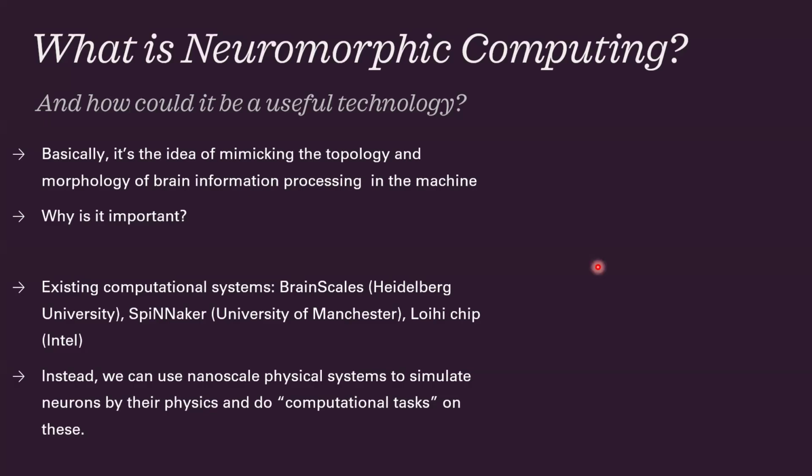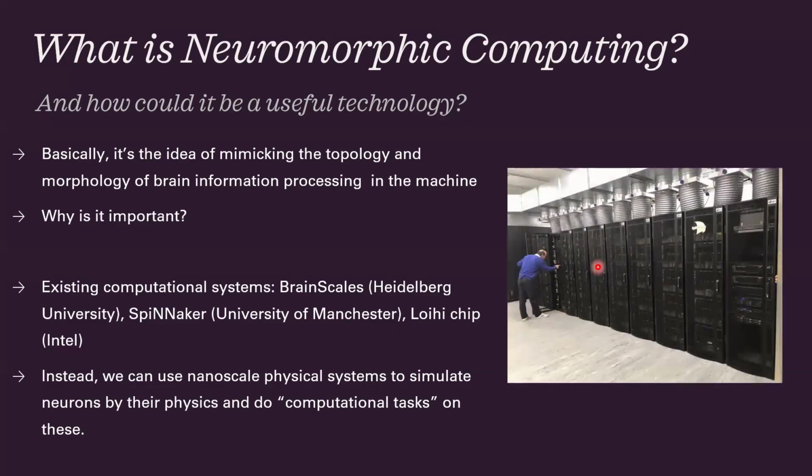There are some computational systems which try to emulate this. For example, Spinnaker at Manchester, of which this is a picture, but it is still electronics. We are still using logic gates and memory blocks to emulate, in a sense, neurons and synapses. And it does take a lot of space.